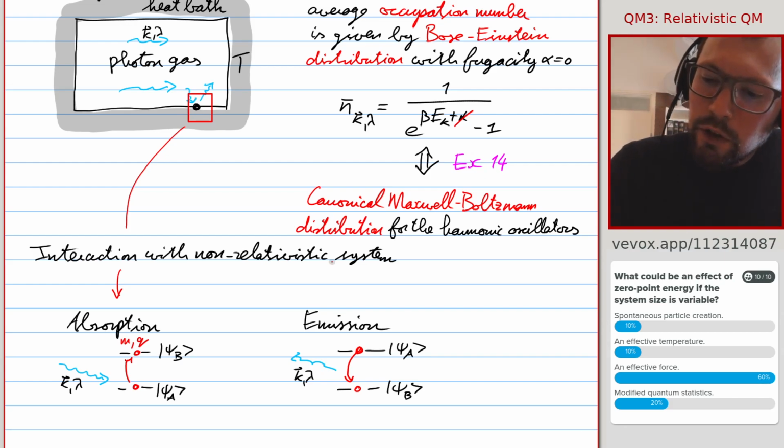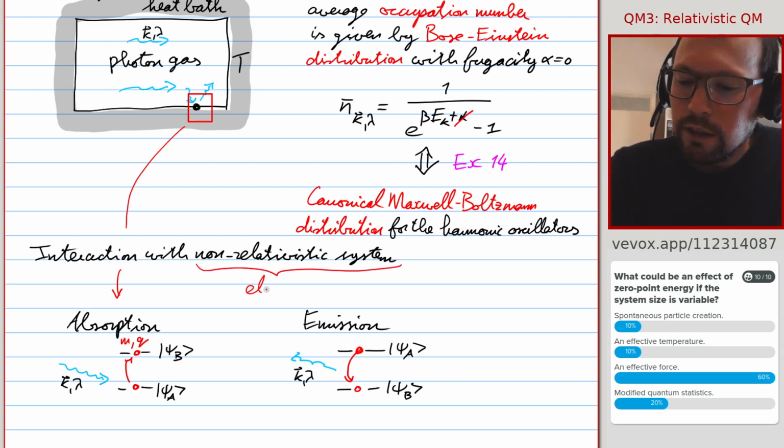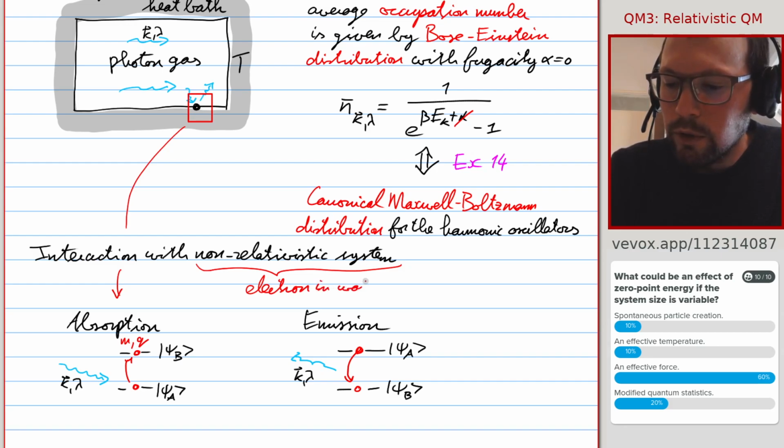So really this non-relativistic system that we're looking at here is really an electron in the wall of the box.